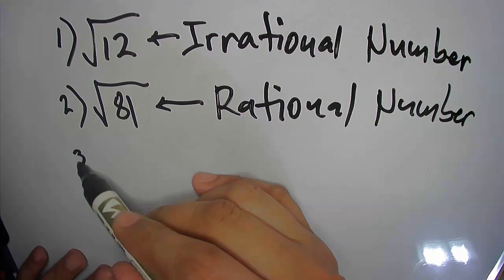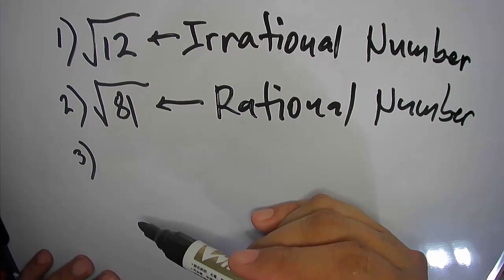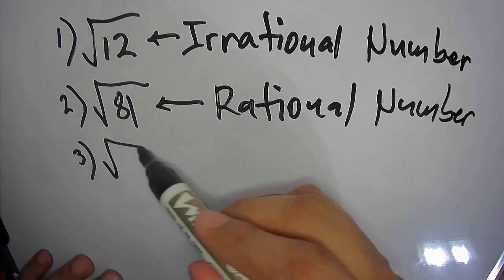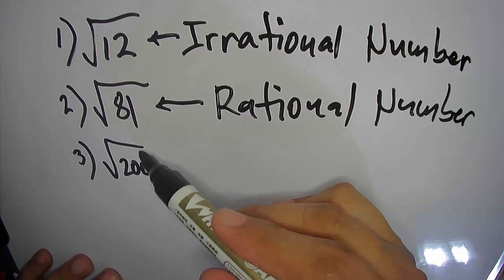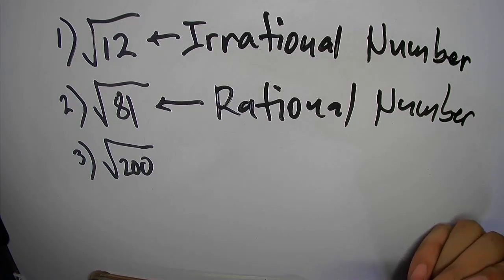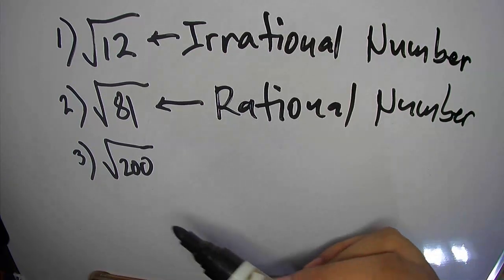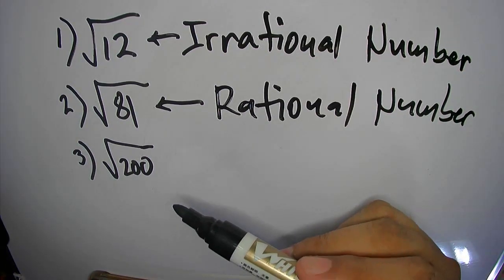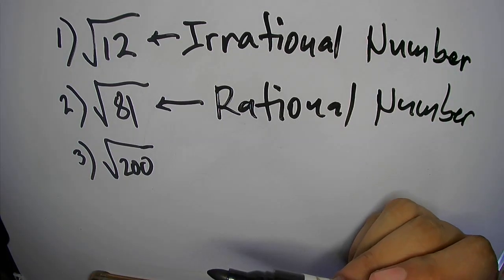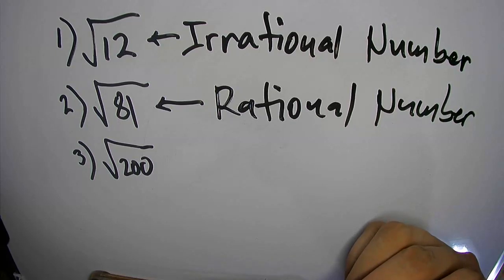So, let's have another one. Let's say number 3. Square root of 200. Ang square root of 200 ba galing sa dalawang number na magkapareho na pag minultiply natin, ang sagot niya ay 200?